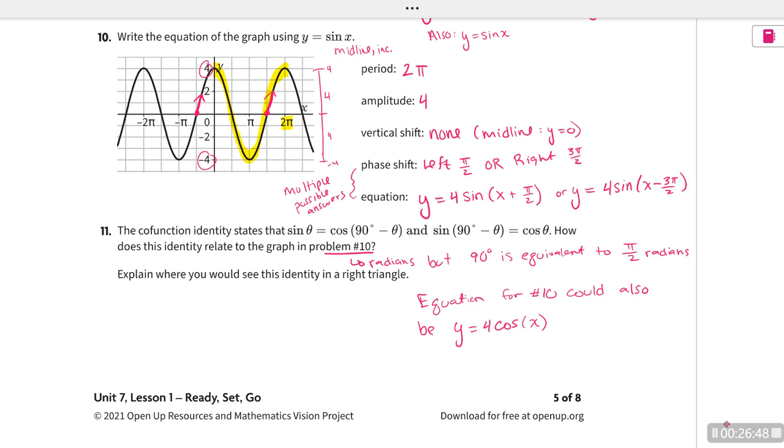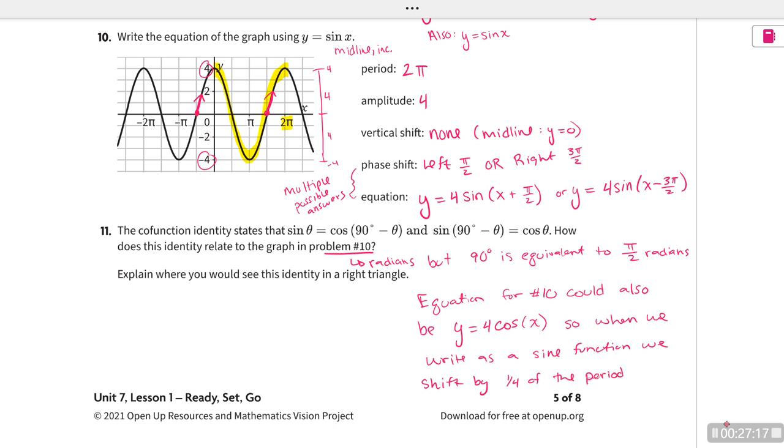So the fact that when we write it as a sine function, we shift it by 1/4 of the period.